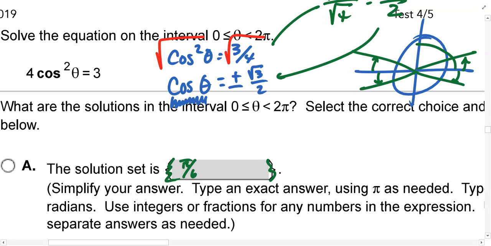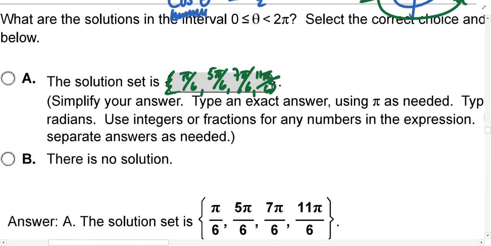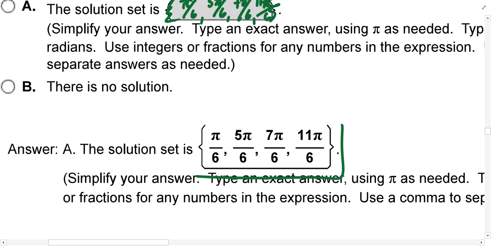Now I'm going to keep rotating in this direction because we need to report our answers in the interval 0 to 2 pi. So we've got pi over 6, 5 pi over 6, 7 pi over 6, and 11 pi over 6. And that seems to match the answer key just fine.